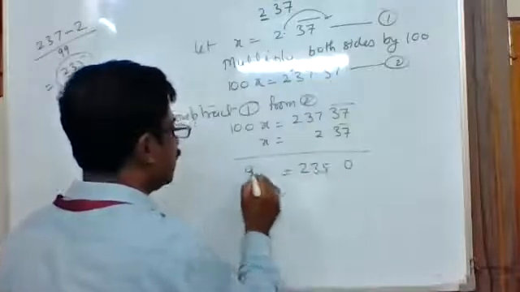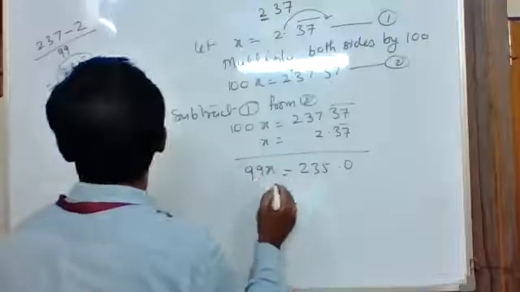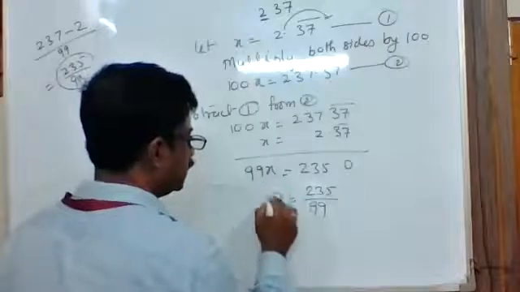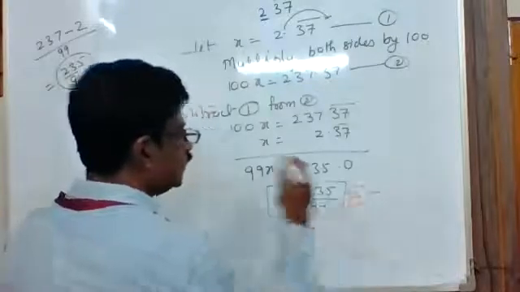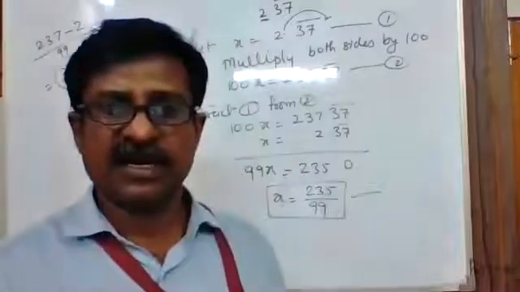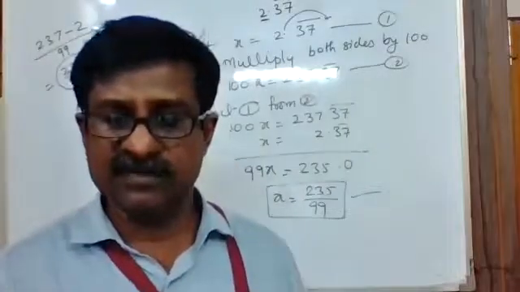And here this time we got 99x. So x equal to 235 upon 99. This is the answer. You can cancel it by whatever number it is possible to cancel, and you will get the final answer.